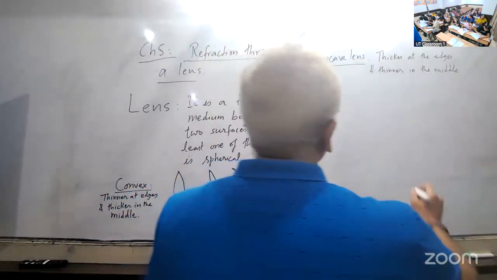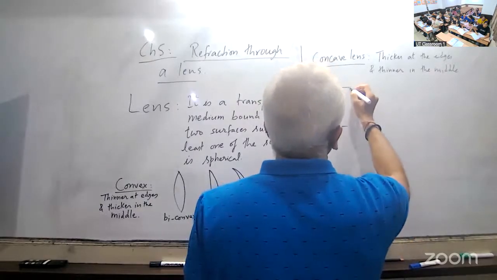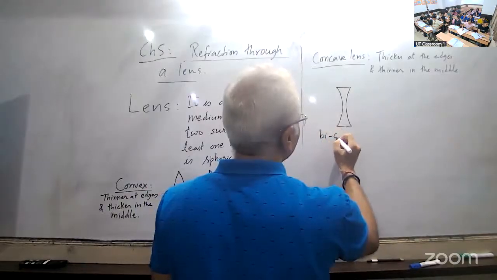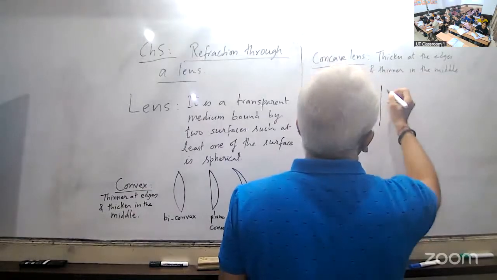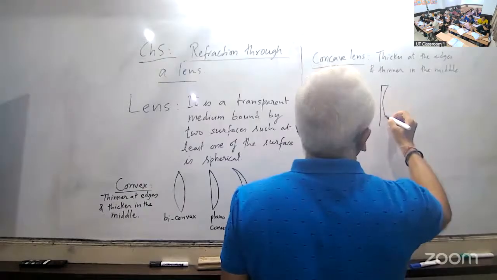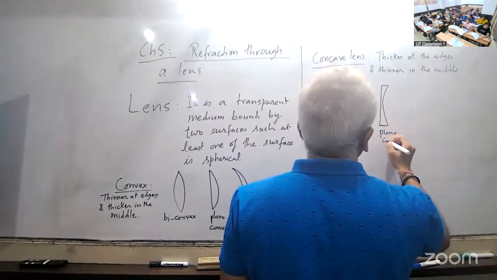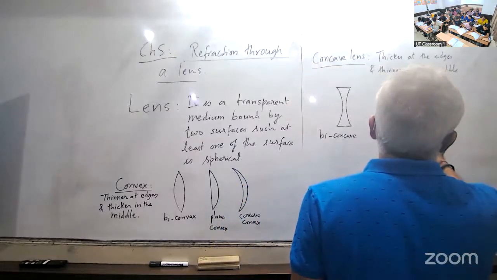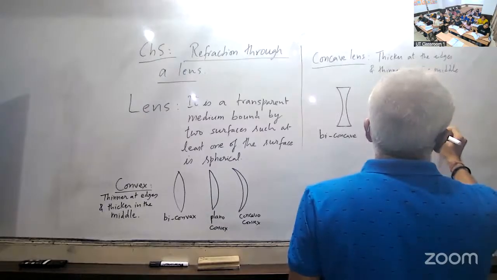So this will be called biconcave. This is called plano-concave, and this is called convexo-concave.